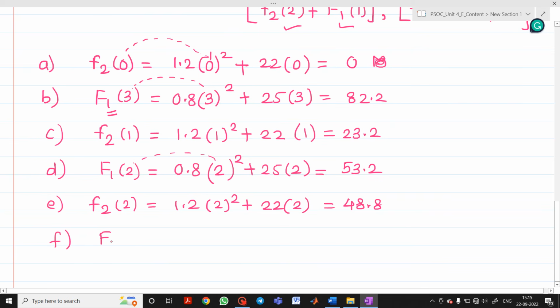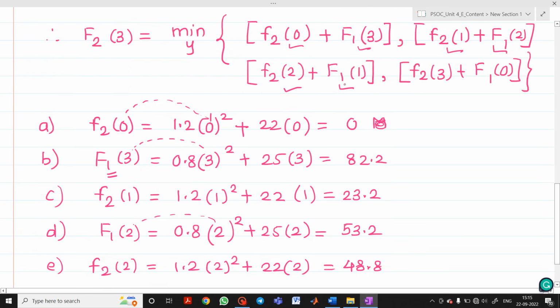So I will write it as F1 of 1 will be equal to, what is your F1 equation? It is 0.8. Sorry, P1 will be here 1. So 1 square plus 25 into 1. So what will be the answer for this? If you calculate, you will get the answer as 25.8. A, B, C, D, E, F. Here I will write it as G. So we covered up to these 2 points.